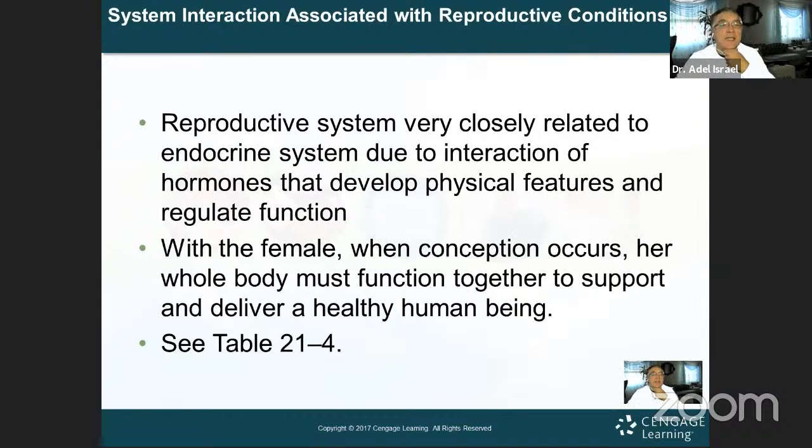So when the lady is pregnant, all the body systems support the newly growing embryo to become a well-developed fetus. We need calcium, we need hormones, we need nutrition, we need circulation, we need hormonal balance. All of this is necessary. So with pregnancy, we will find everything should be wonderful to help the lady to get a healthy baby.